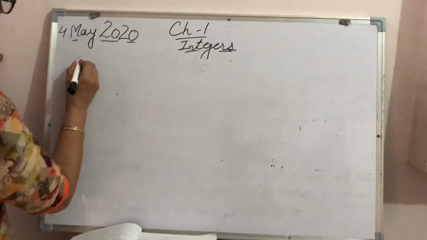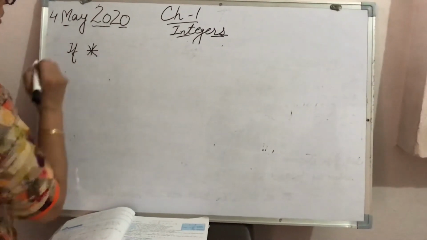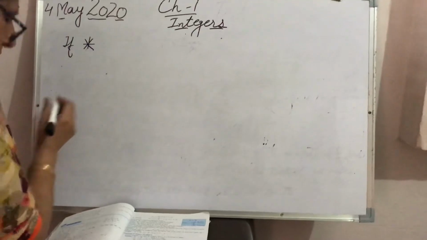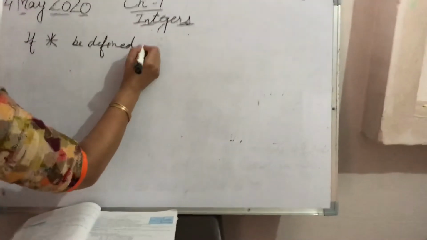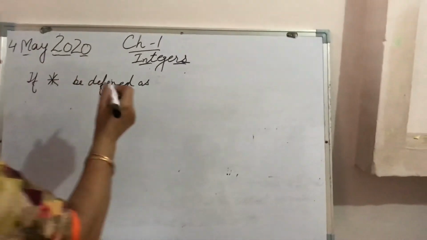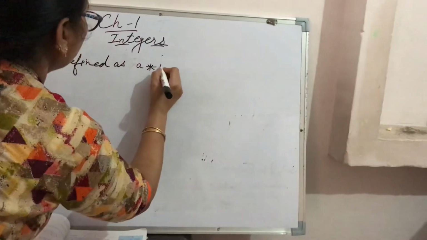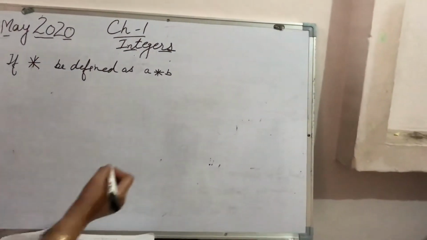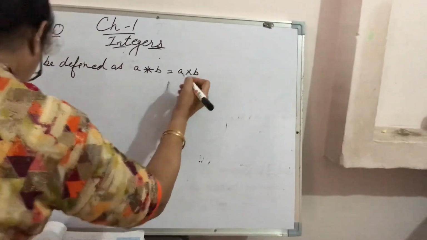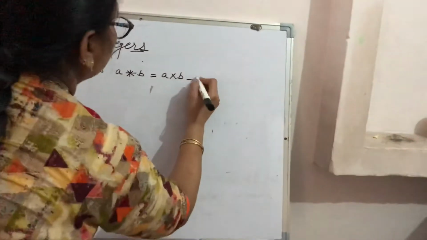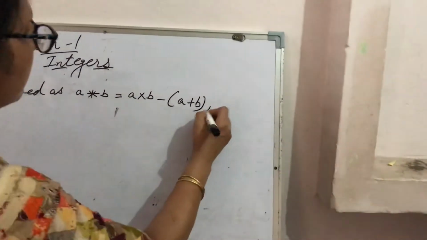If this operation is given, let it be defined as a ∗ b is equal to a multiply b minus a plus b, then evaluate.